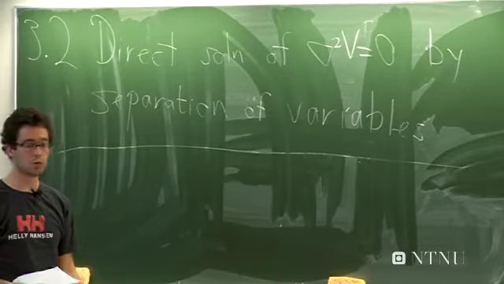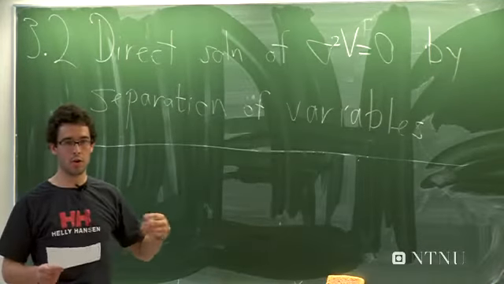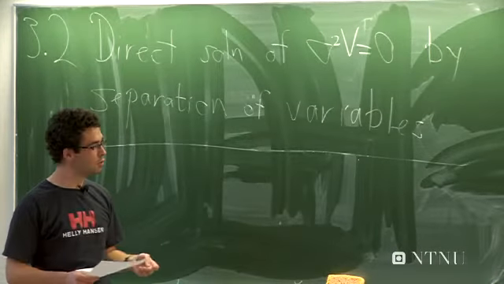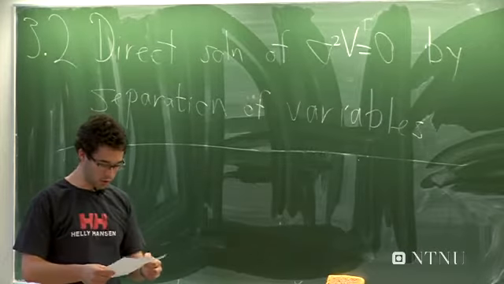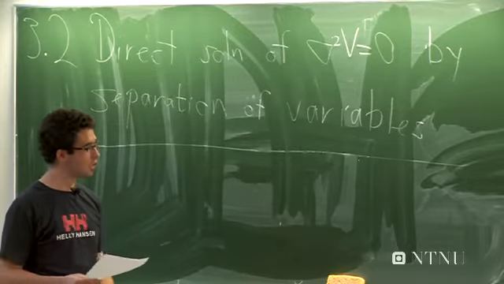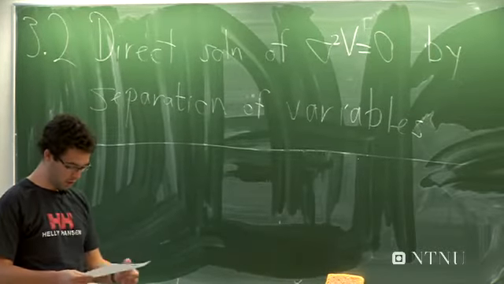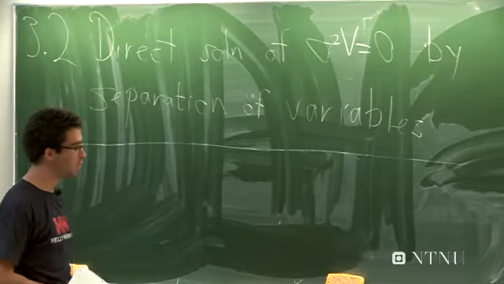So the idea is to write the potential V as a product of functions in the various coordinates. So there's one function for each coordinate, depending only on that coordinate. So we're going to start out with just a classical example, which is Cartesian coordinates. And we write the solution to the Laplace equation like this.